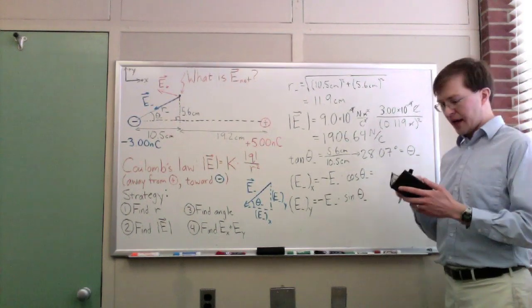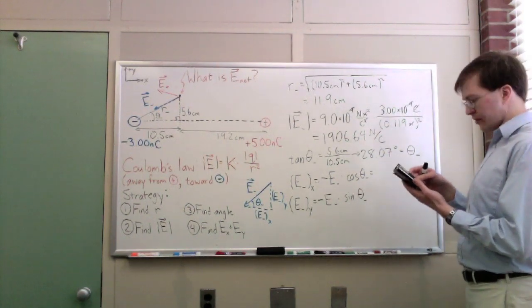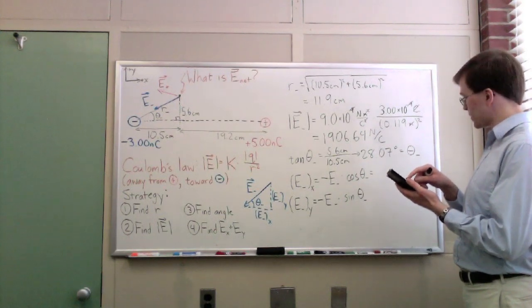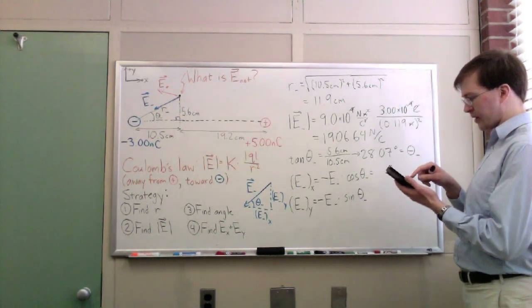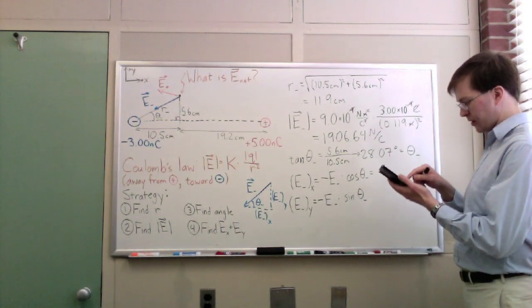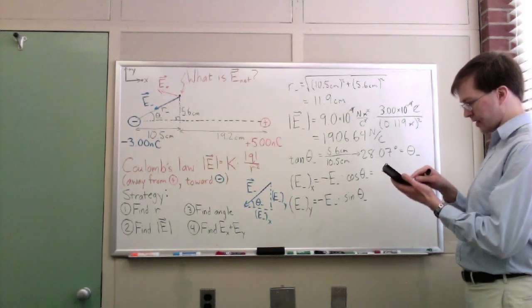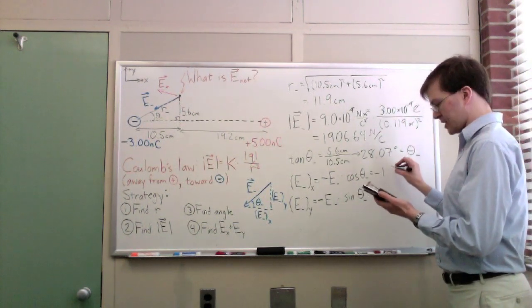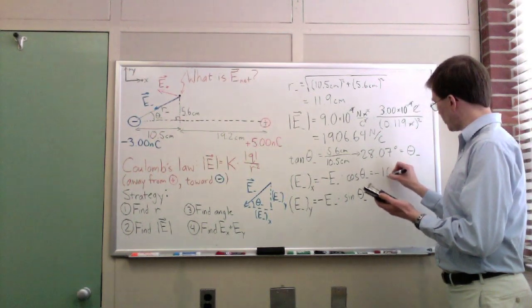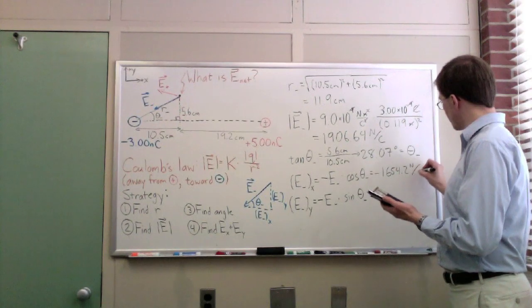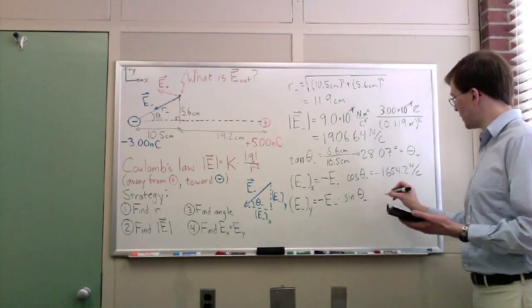And the numbers I get, when I do that, cosine, I get 0.8823 times my 1906.64 equals negative 1654.2 newtons per coulomb for that one.